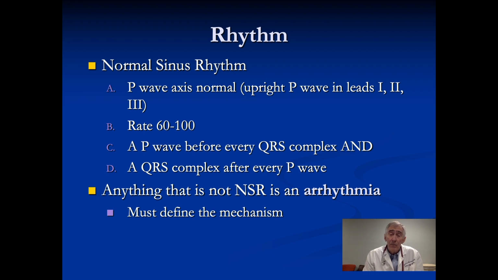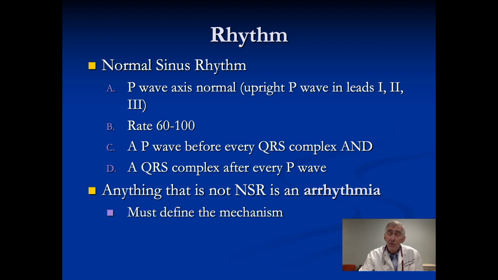And that means that the P wave axis is very important. And here we have that. That P wave should be upright in 1 and 2, maybe even in AVF, and negative in AVR. So it's got a normal axis coming down, and we're going to talk about axis in a minute.